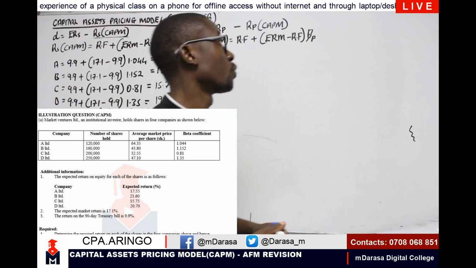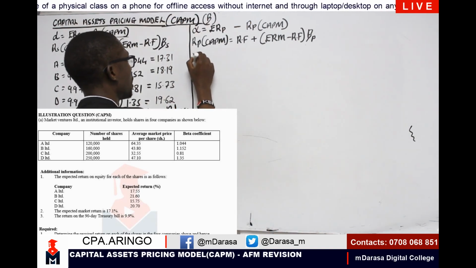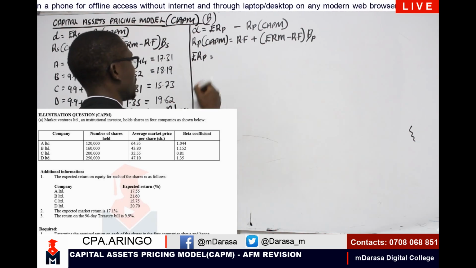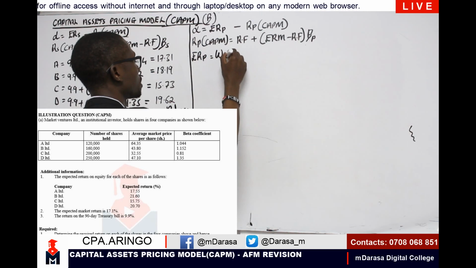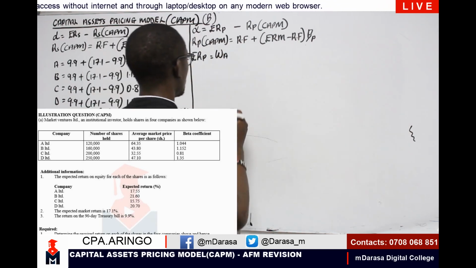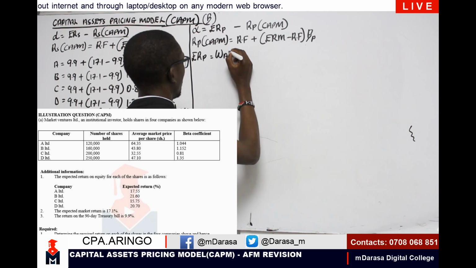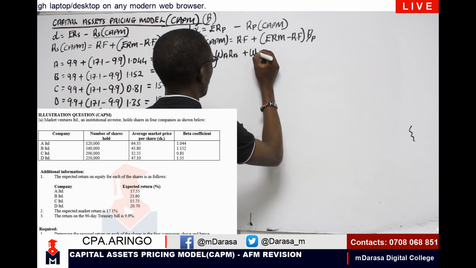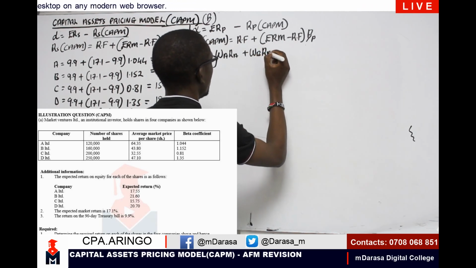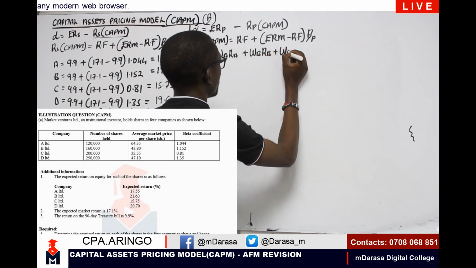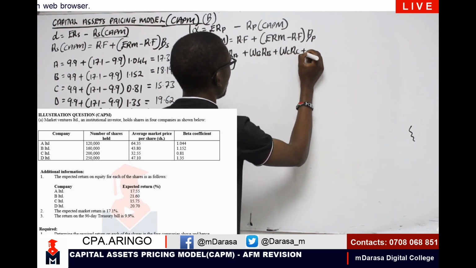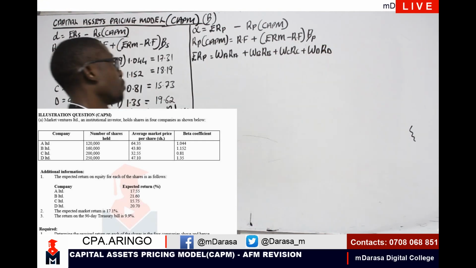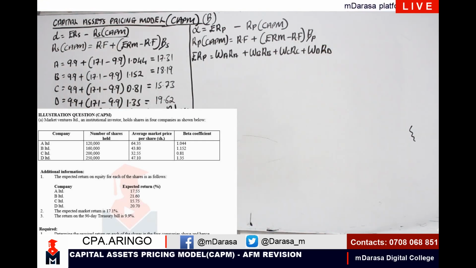Expected return of our portfolio, recall, for us to determine our expected return of our portfolio, we'll always be having, of course, like in this case, the weight of A multiplied by the return of security A, plus weight of B, return of B, plus weight of C, return of C, plus weight of D, return of D. That is very important for us to always note.